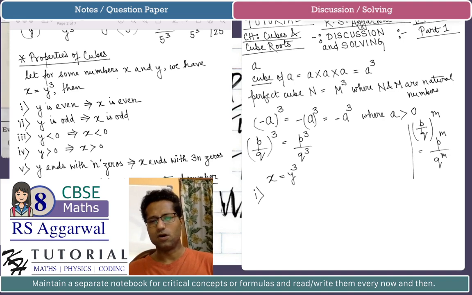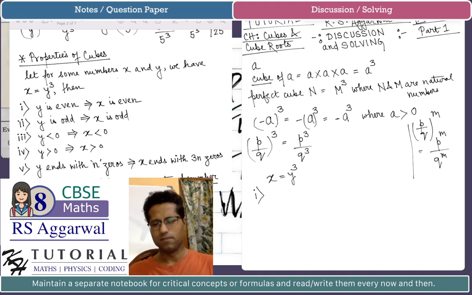Similarly, property 2: if y is odd, then x will also be odd. So the cube of an odd number is an odd number. So what is property 1 saying? Cube of even is even. This is the basic concept.